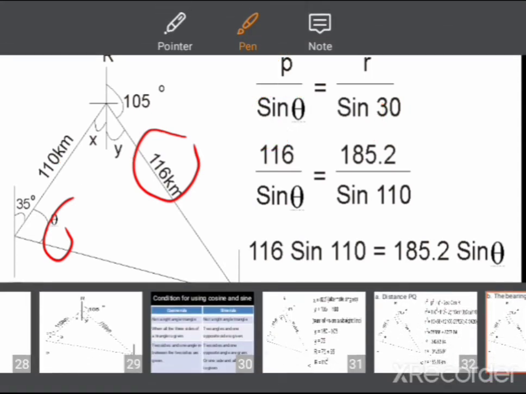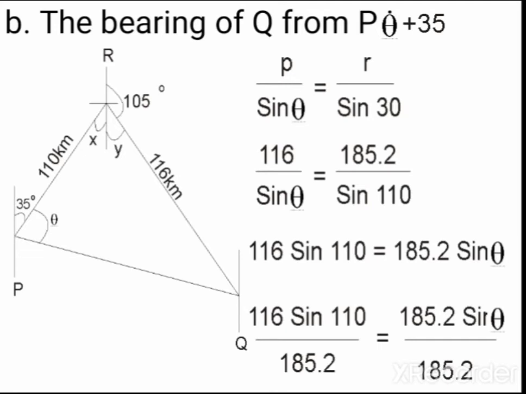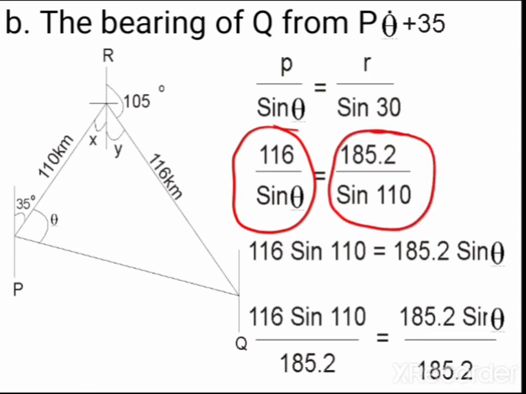So what we simply have is as follows. 116 over sine theta is equal to 185.2 over sine 110. So what we simply do, we cross multiply.